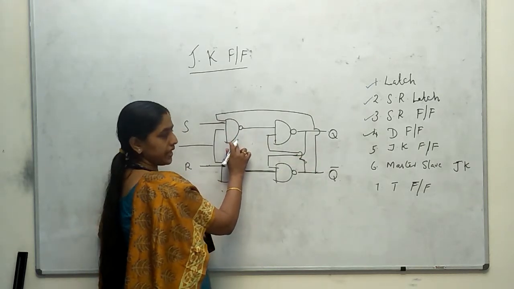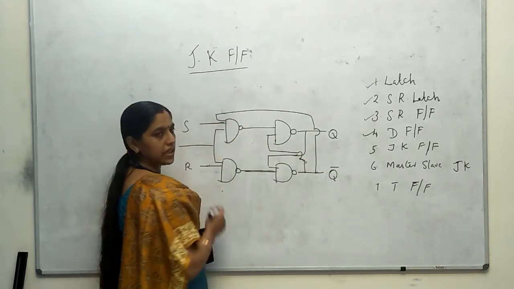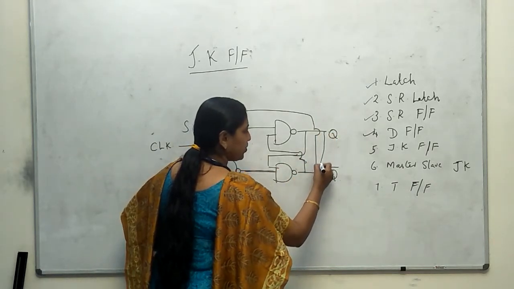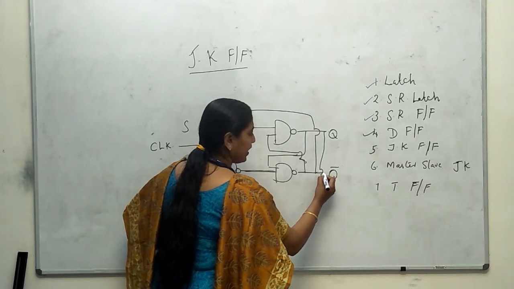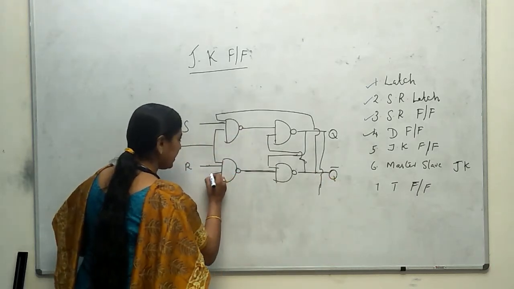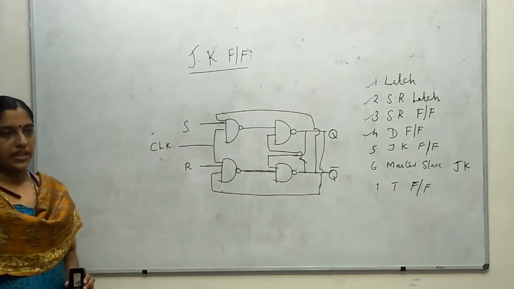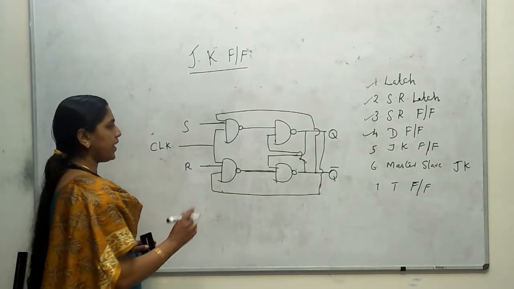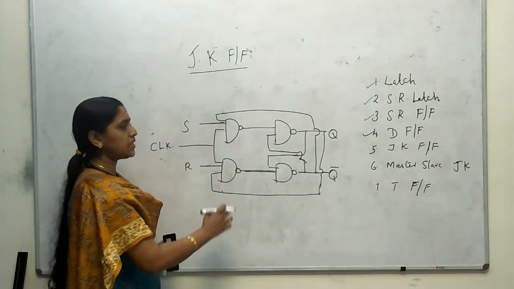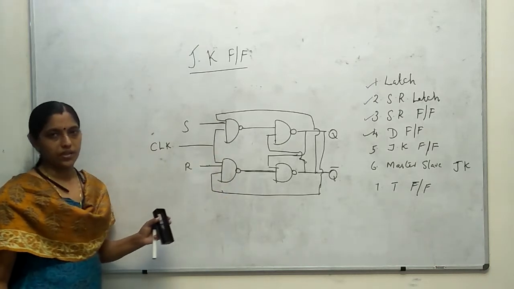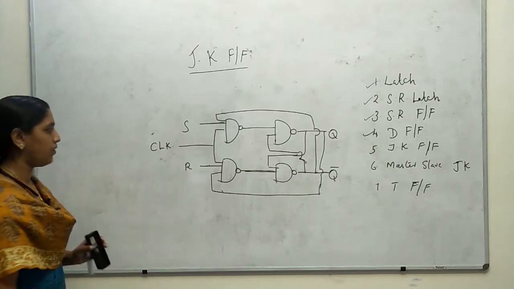So this gate becomes a 3-input AND gate. Similarly, the output Q is taken and given as the third input of this gate. In the previous case we had only 2 inputs, but now we have added one more. Now we will see how this will work.